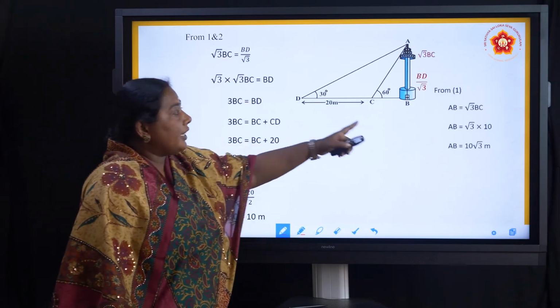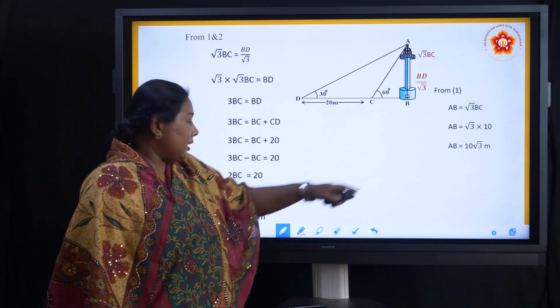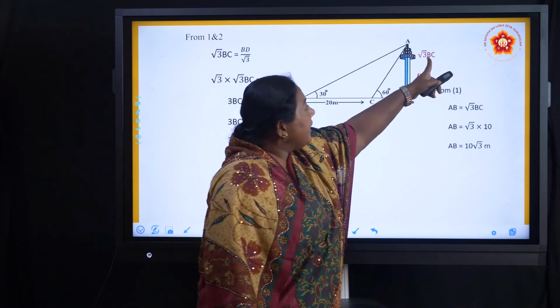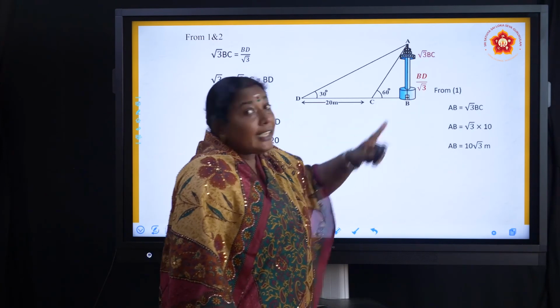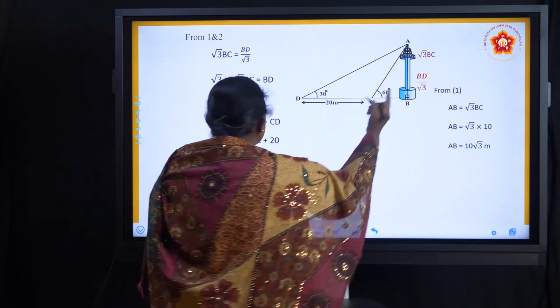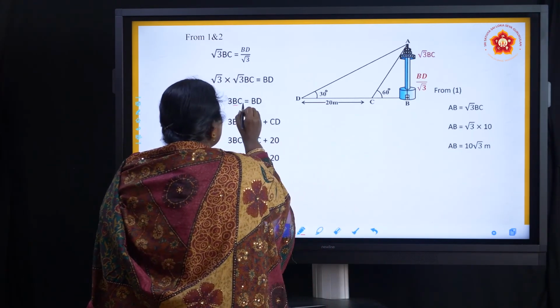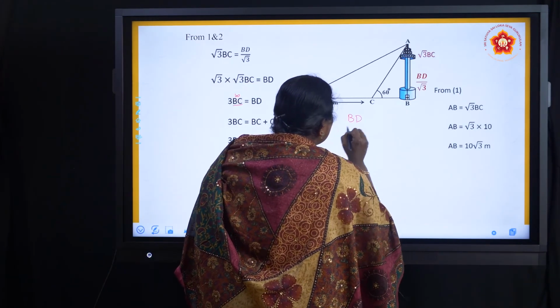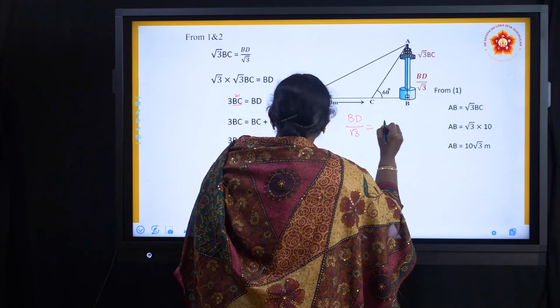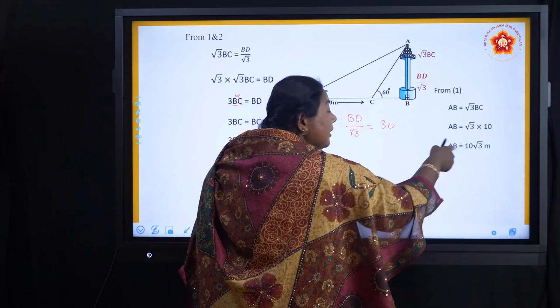So from 1 we get AB is equal to 10 root 3. So BC, just apply here, 10 root 3 we got. If I apply the other way, how will I get 10 root 3? That also we will see. So BD, what we got? 3 into BC, that means 30. That means BD by root 3 is equal to 30 by root 3. But here 30, here 10, how?